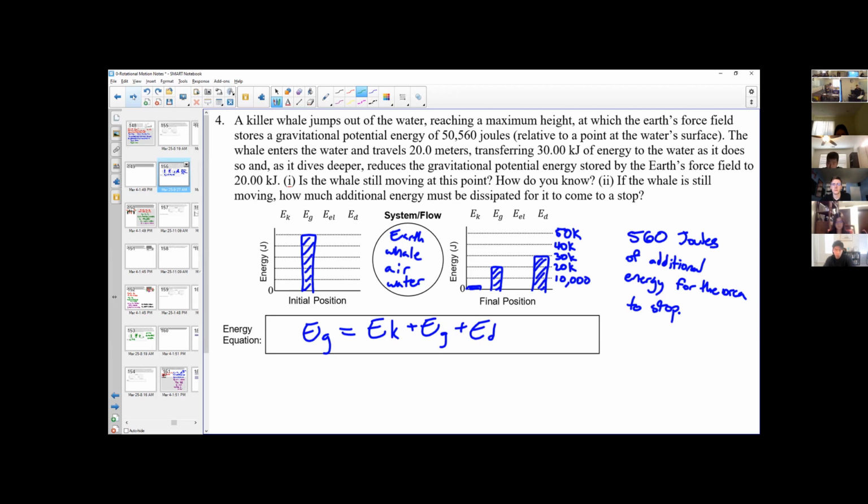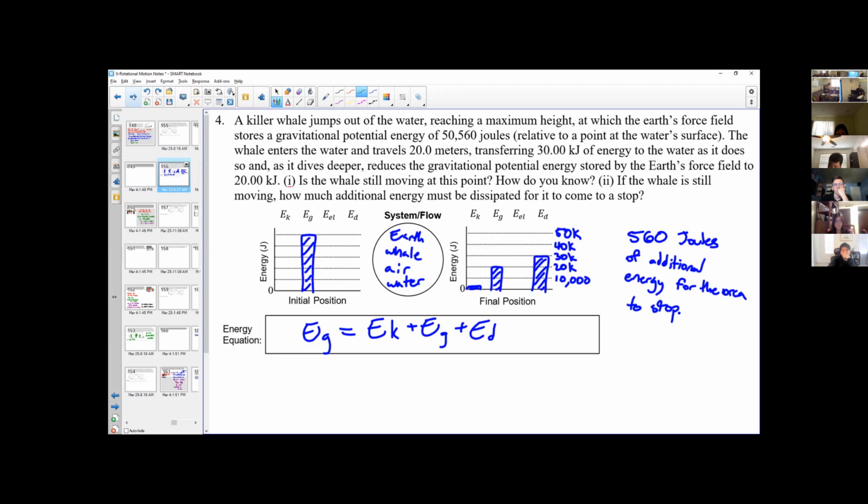So just for the setup, on the left, you have the gravitational potential. And on the far right, I wrote the units just as a representation of the joules on the side. So the left, that's all 50,560 joules of gravitational potential. And that's when it's at the maximum height. So then for the system flow, we just included everything.